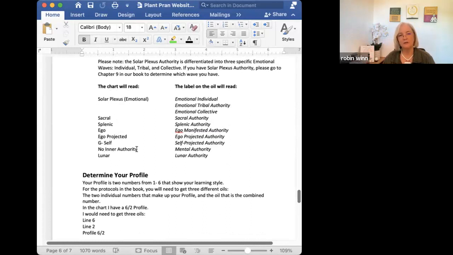This might say mental authority, or self-projected authority. So these can change slightly, but they will be around this category. This ego might say will, or it might say heart, but it will be ego. Okay, good. We have yeses.